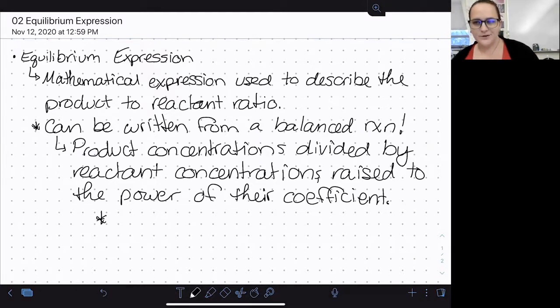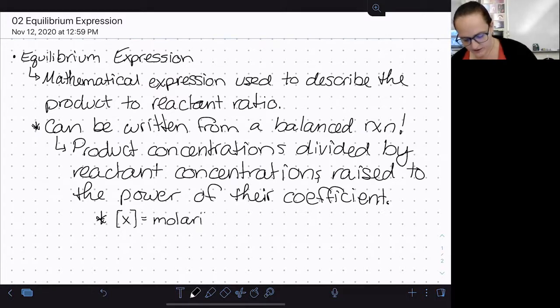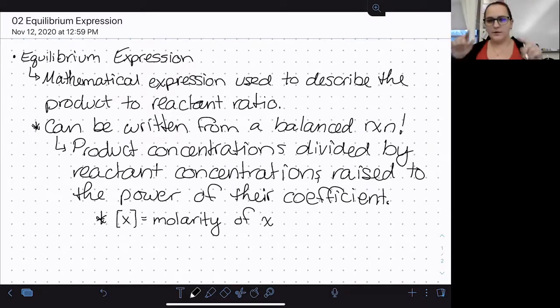One little note on notation here. We use square brackets around something to indicate concentration or molarity specifically. So square brackets around X would be molarity of X. We use that all the time as kind of a shorthand notation for saying concentration of a particular substance.